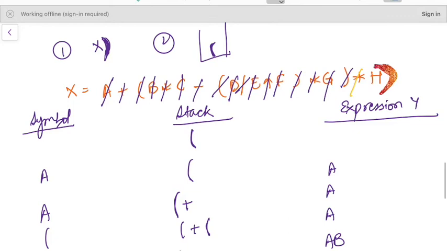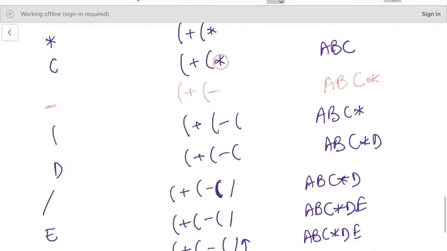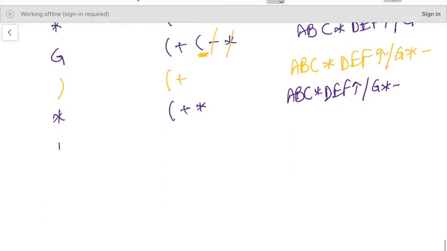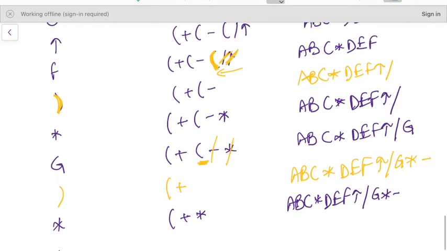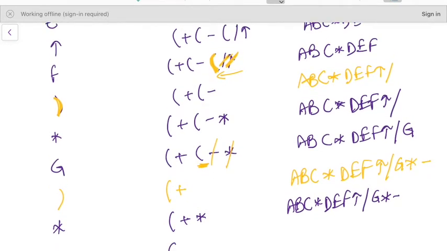Right, and then H. This is actually the status. So A, B, C, star, D, E, F, exponent, divide, G, star, minus, and H.